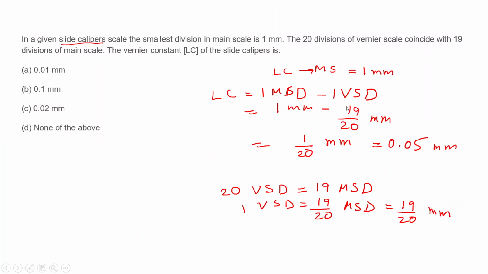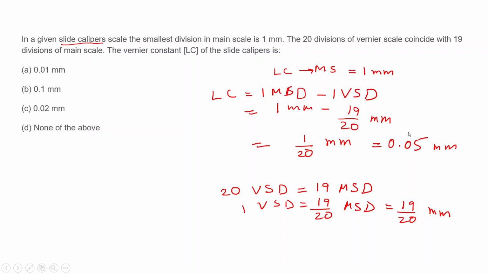If anyone else would like to say something. Madam, in this least count formula, one MSD minus one VSD... Sorry? Here in this least count formula, into one main scale reading is coming, and he multiplied with 0.1 centimeter.